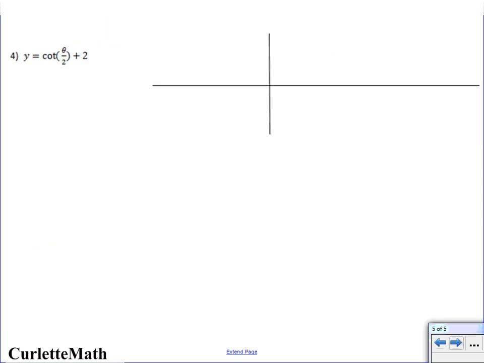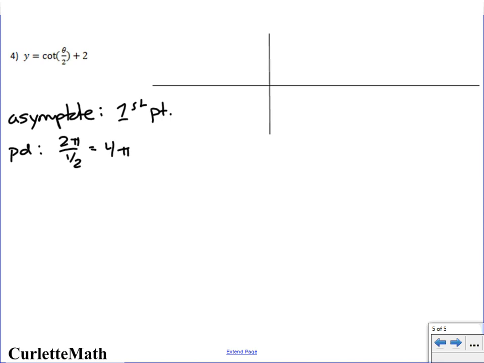Going on to the last problem is cotangent. So our asymptote is at the first point. My period is going to be 2 pi divided by 1/2, which is going to give me 4 pi.